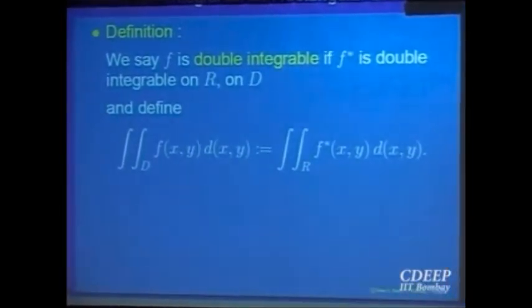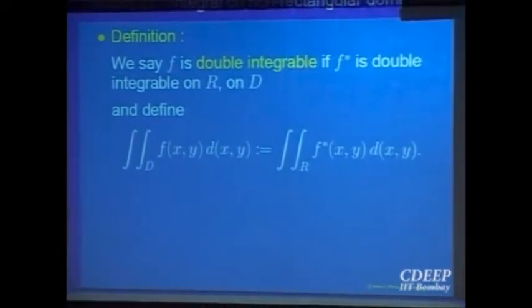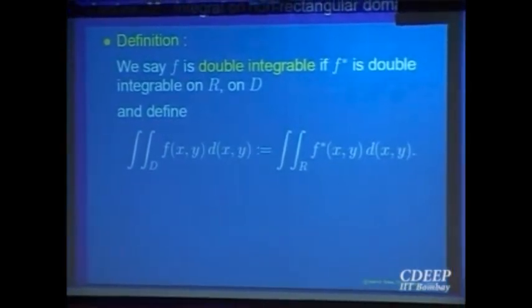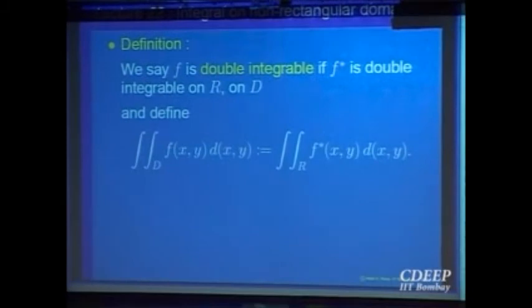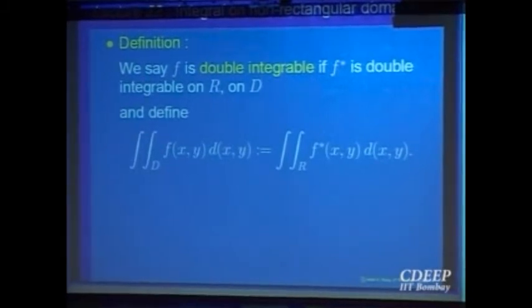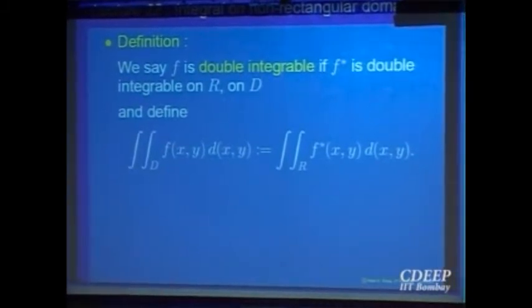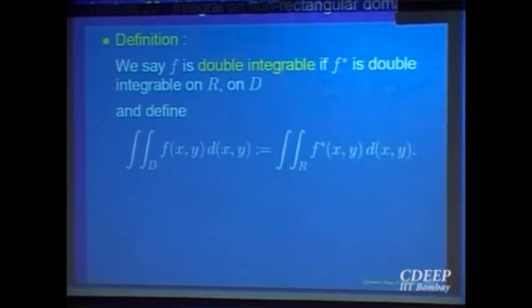What is the need to do all this? Because we have defined the double integral only over rectangles. What you could do also is the following. To start with, you can take your function f to be defined on any bounded domain D, and then try to divide that domain into smaller rectangles. But then the domain will not be fully divided into rectangles, some portions will not be rectangles.